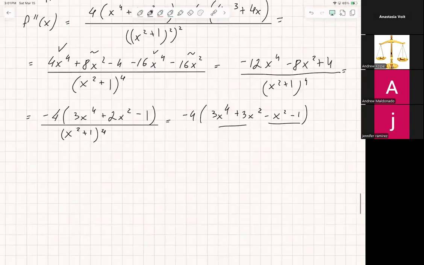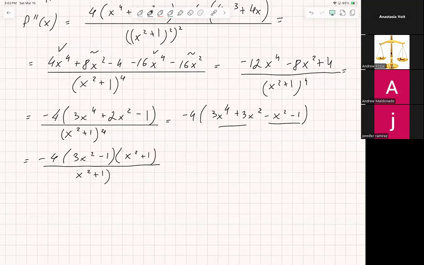So we can do negative 4 times 3x squared minus 1 in one parenthesis, and another factor is x squared plus 1, and we divide it by x squared plus 1 to the fourth power. Let me just write that.